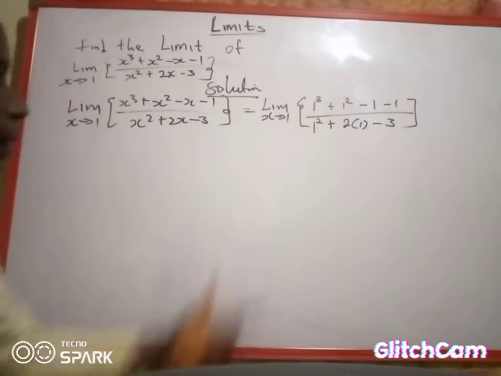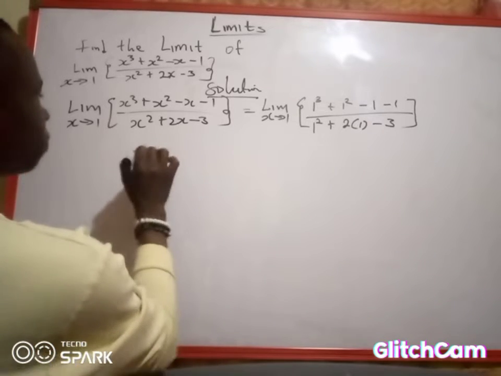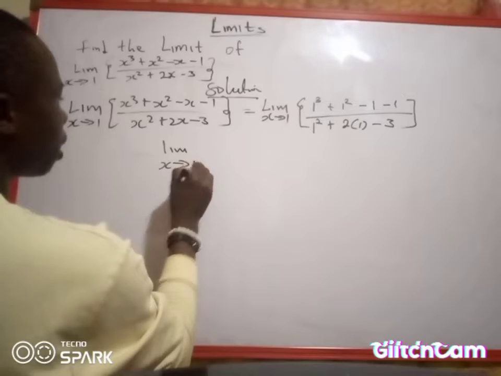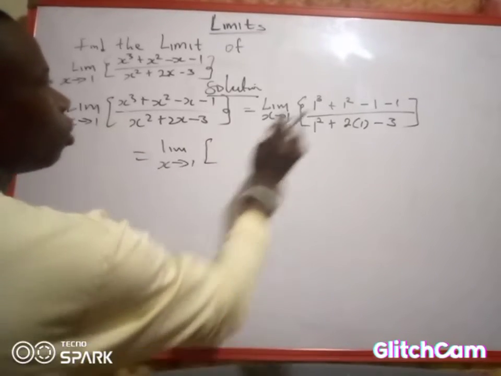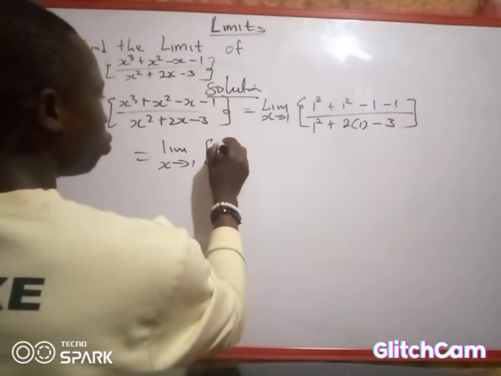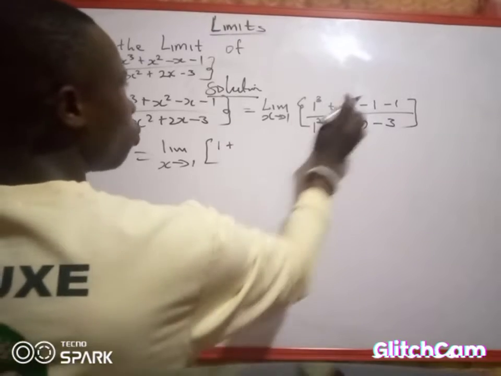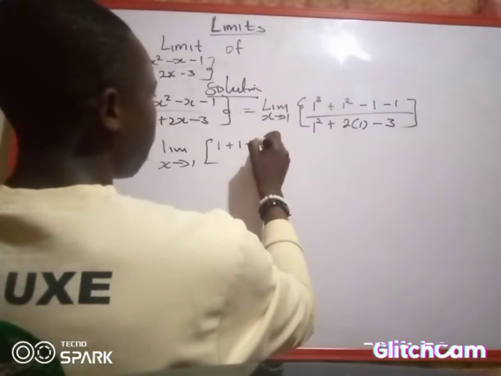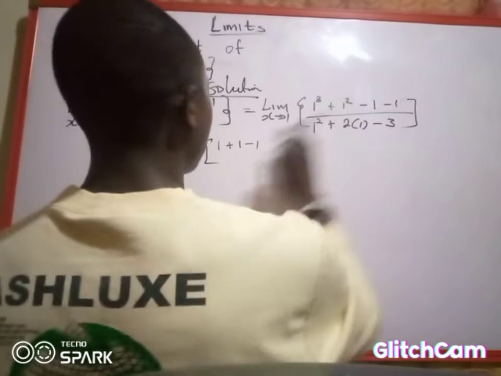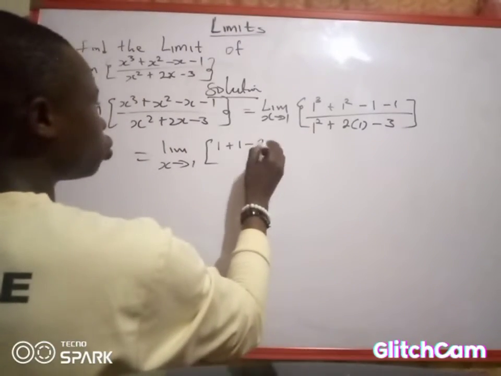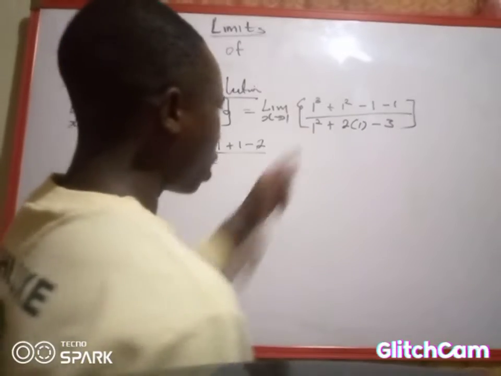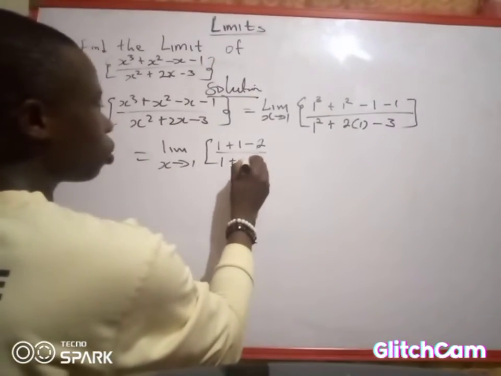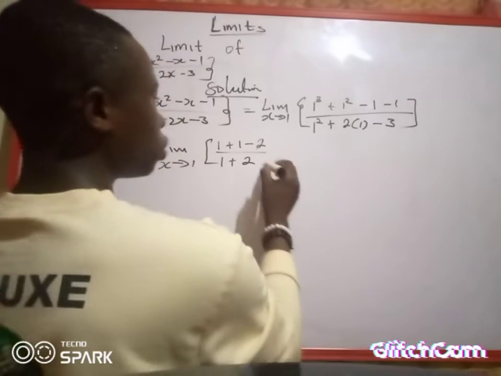So from here, I can further express it as the limit as s approaches 1 of 1 cubed, which is 1, plus 1 squared, which is still 1, minus 1, minus 1, which will give me minus 2, all over 1 squared is 1, 2 times 1 is also 2, then minus 3.